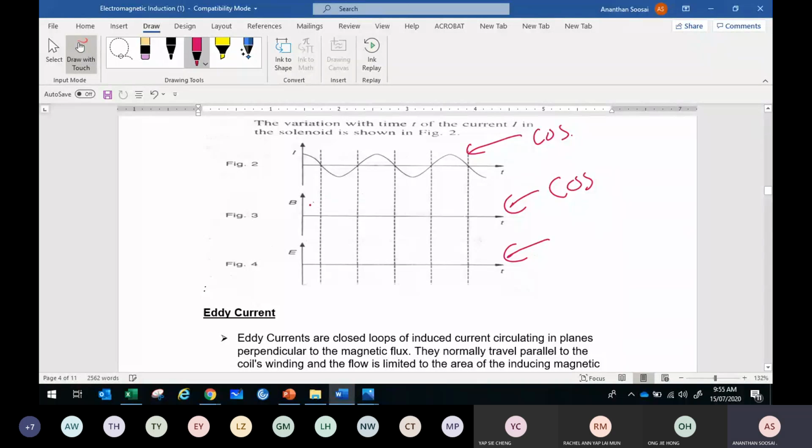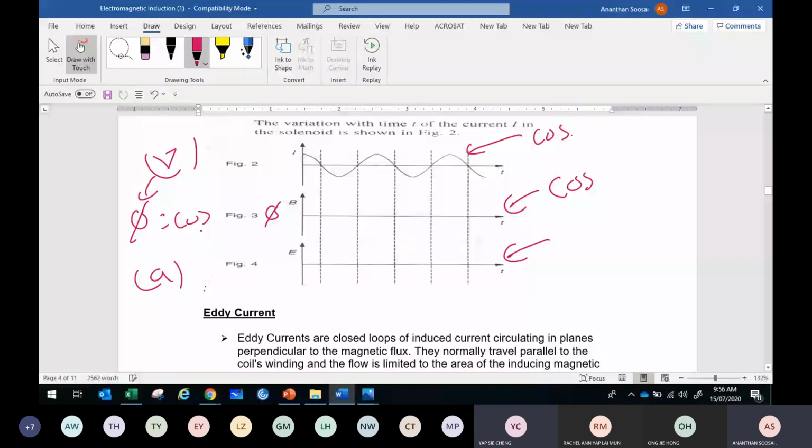B is like your flux. You can imagine B like a flux. If I is cos, B will be cos. Flux also going to be a cos graph. So E will be what? Differentiate the flux, imagine like your velocity, so you get the acceleration. Cos you differentiate, you get what?